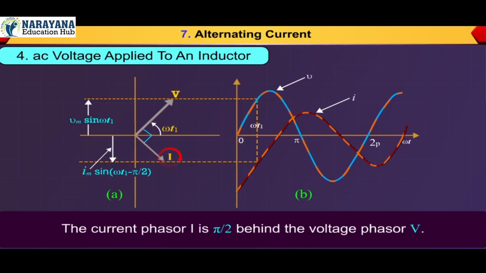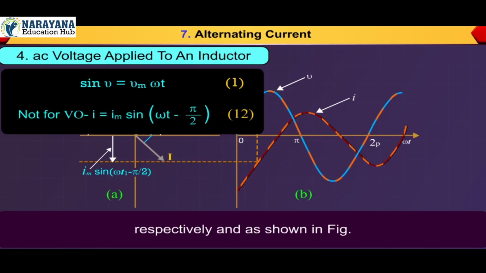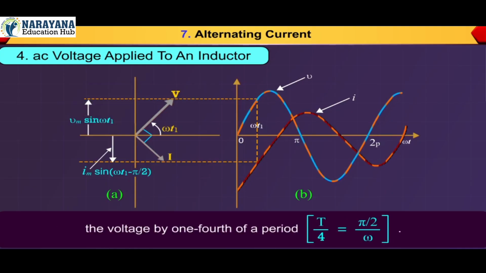The current phasor I is pi by 2 behind the voltage phasor V. When rotated with frequency omega counterclockwise, they generate the voltage and current given by equations 1 and 12 respectively, as shown in figure. We see that the current reaches its maximum value later than the voltage by 1/4 of a period, T upon 4 is equal to pi by 2 upon omega.